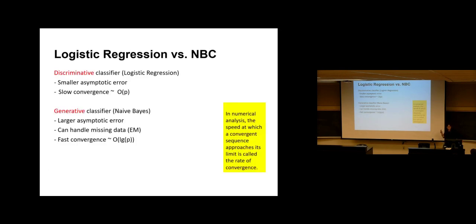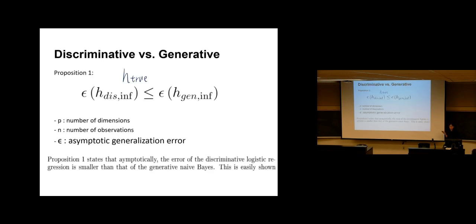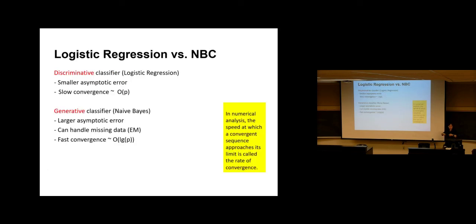But you can also prove the convergence rate of reaching this asymptotic generalization error. How fast do I converge to that error? The discriminative classifier, in this case logistic regression, converges at a rate where the number of samples needed is O(p). I need more samples to achieve that error rate, which means a slower convergence rate.